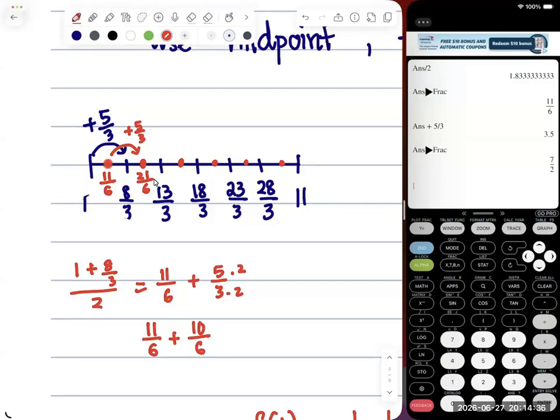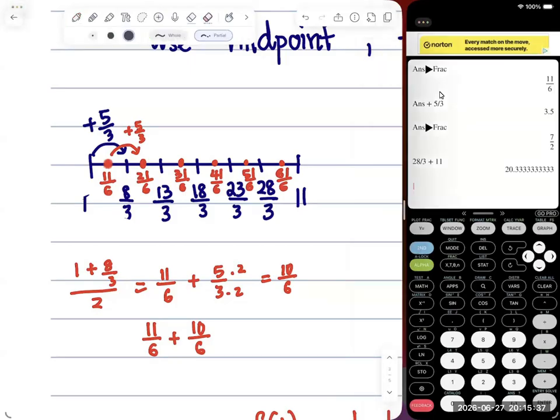And then each time I just add 10 over 6. Okay, so 31 over 6. And why am I adding 10 over 6? Because the 5 over 3, I make it become denominator of 6, I have 10 over 6. Okay, so each time I'm going to add 10 over 6 to the increment. So it's going to be 41 over 6 and then 51 over 6, 61 over 6.